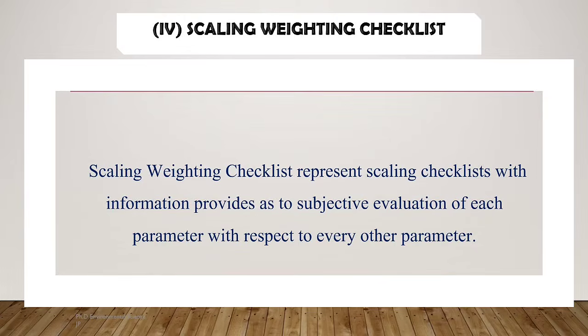In addition to individual ratings, the checklist includes information on the relative importance or weighting of each parameter. This weighting reflects the significance of each parameter in relation to others in the context of the project's environmental impacts.